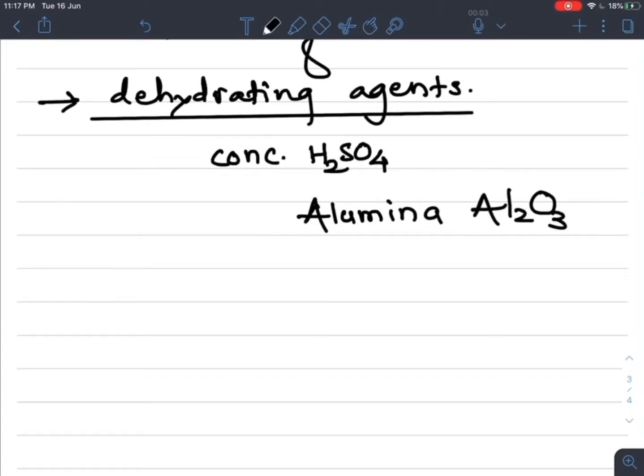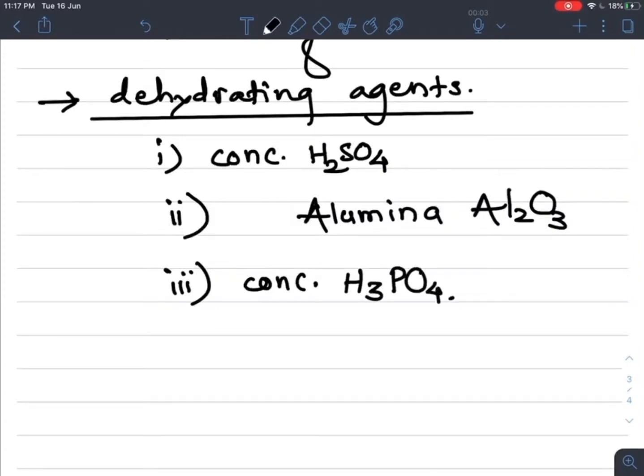This is also an example of a dehydrating agent. One more dehydrating agent is concentrated phosphoric acid, H3PO4. So these are some examples of dehydrating agents which help in the dehydration of alcohol.